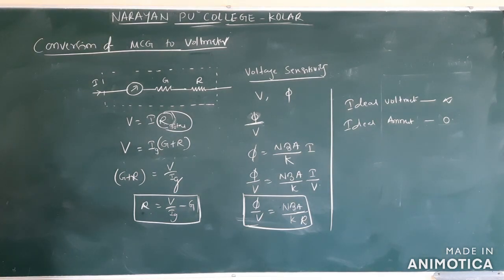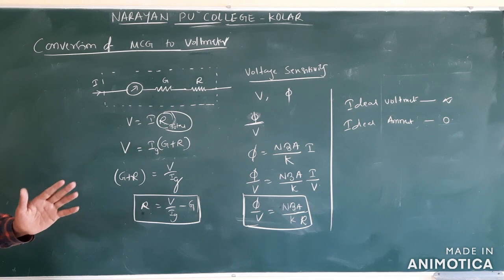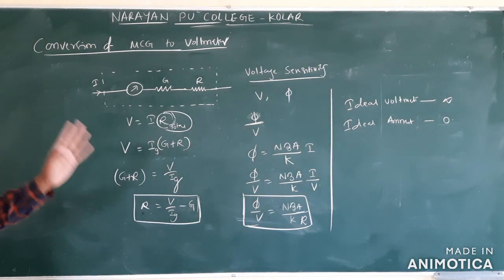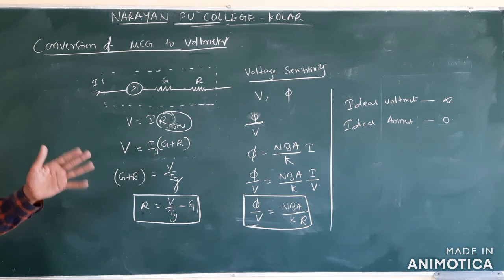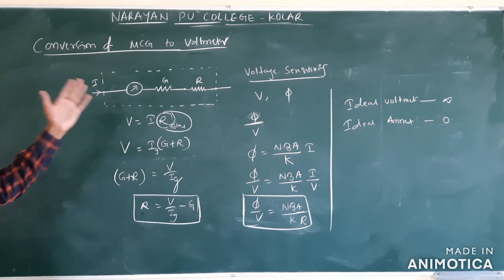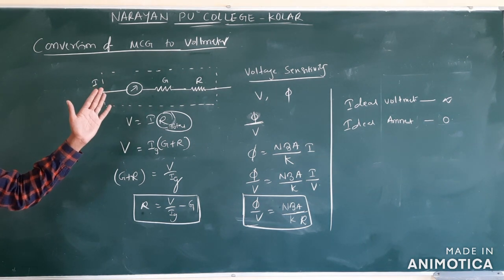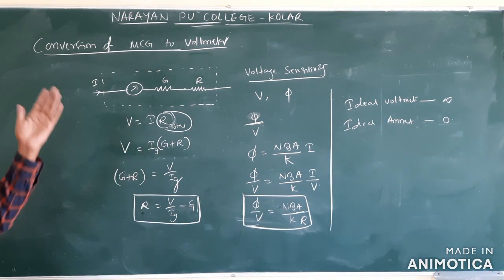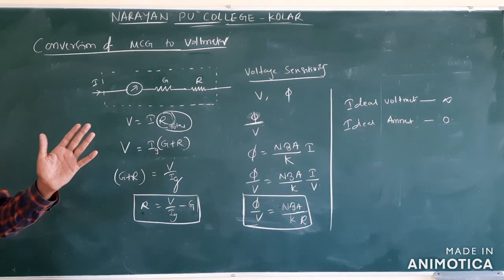Ideal ammeter resistance 0, ideal voltmeter resistance infinity. Also, you need to write properly how current sensitivity and voltage sensitivity depend on N B A by K. And connections: to convert to a voltmeter, a high resistance is connected to the MCG in series. To convert to an ammeter, a small resistance is connected in parallel. Understand?